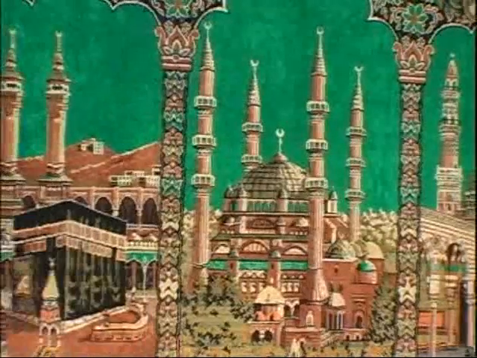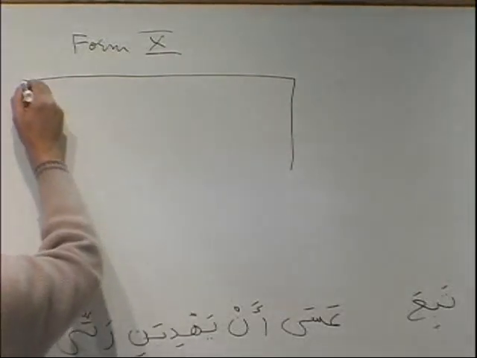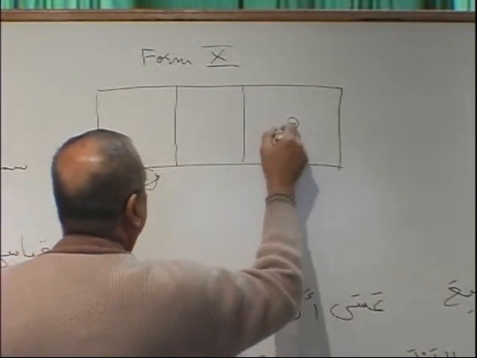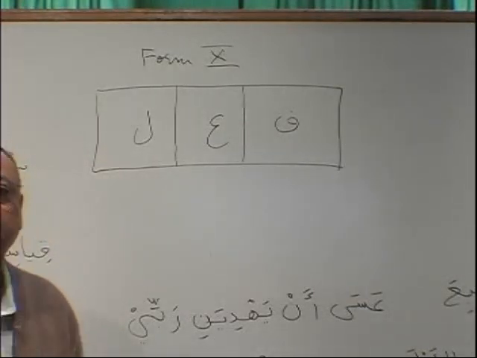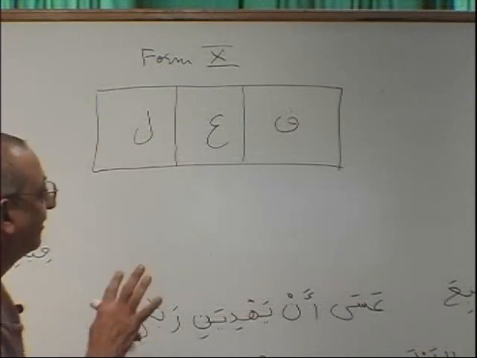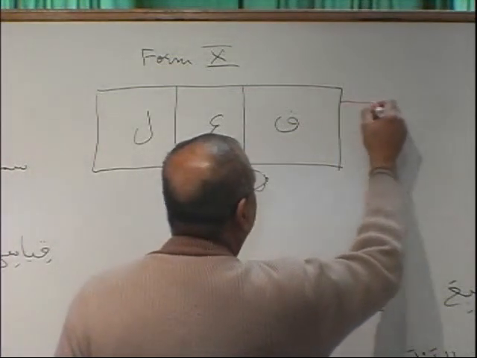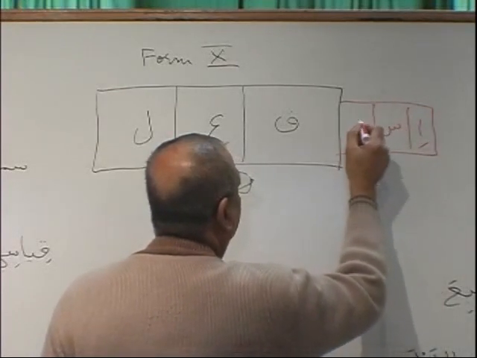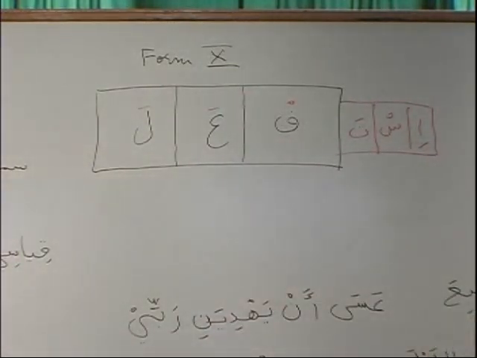But maybe I should make a chart here. Fa'ala, they are the permanent residents. They have their permanent residency in the verb, meaning they are the root letters. Then we add, brothers and sisters, whenever you see the verb beginning with ista, it is form 10, inshallah.